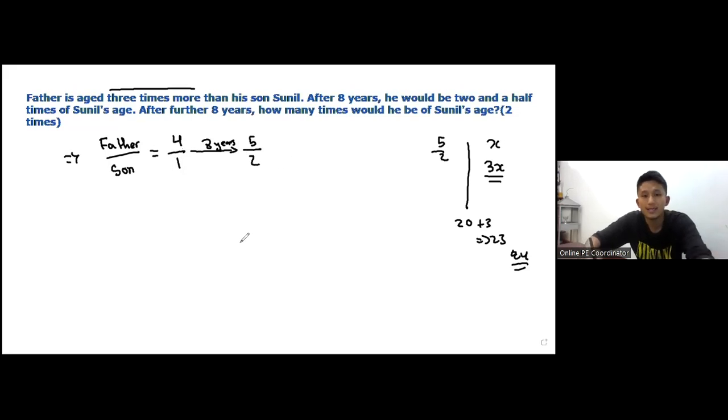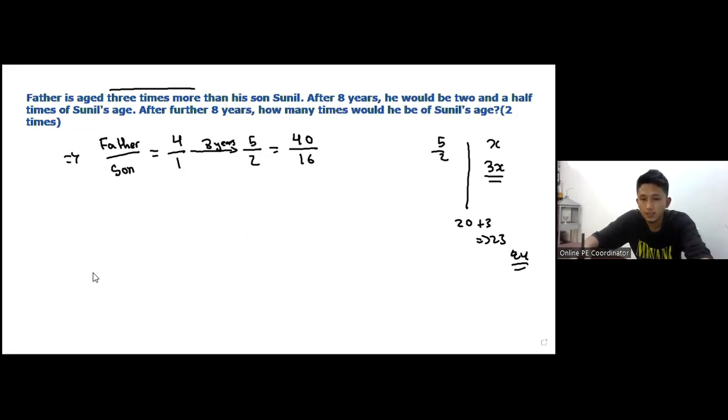This is not an age, but a ratio. To convert it to age, multiply the number of years with this: 8 times 5 is 40, divided by 8 times 2, 16.